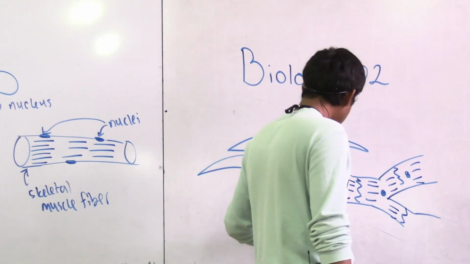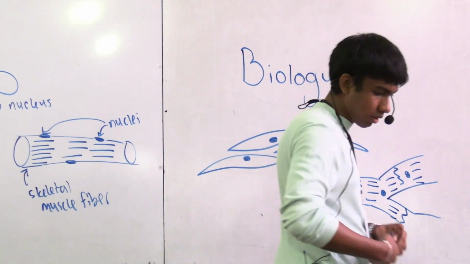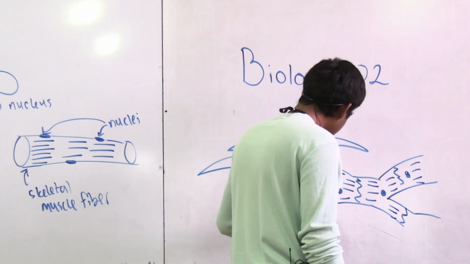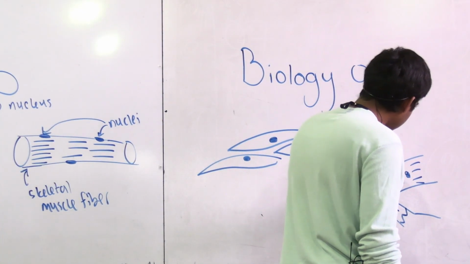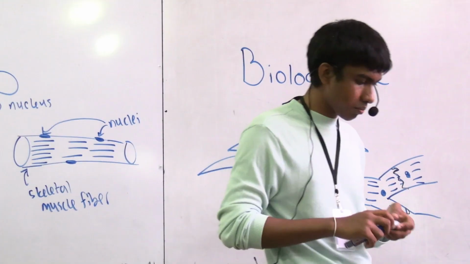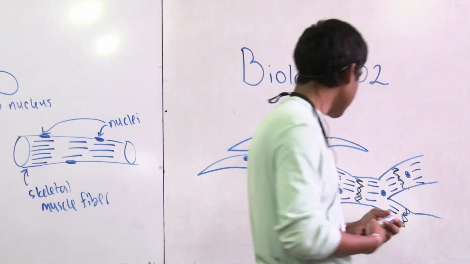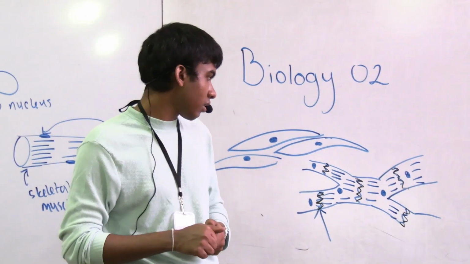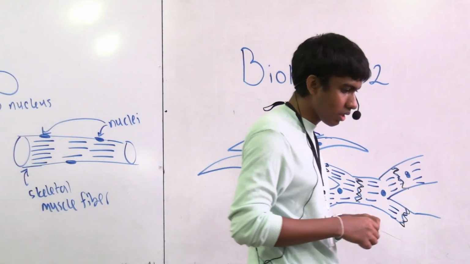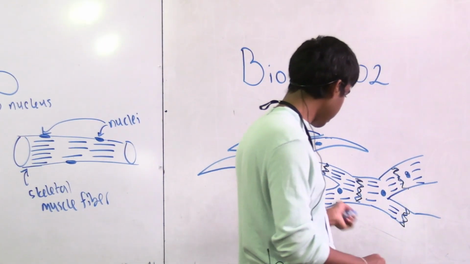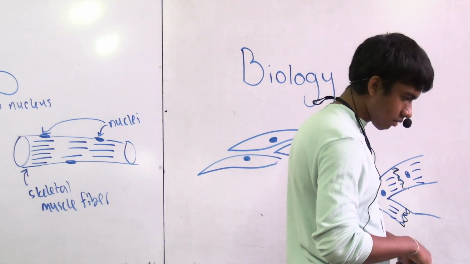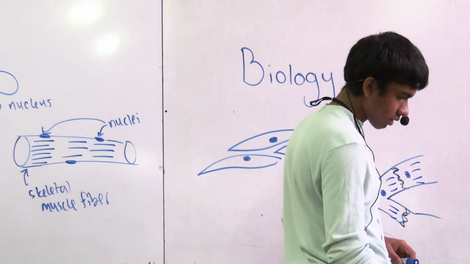You can see this line, the boundary that separates the cells. We call them intercalated discs. The function of that you will also learn. Basically, that's important to synchronize the heartbeat, because cardiac muscle cells are only found in the heart. These intercalated discs help to synchronize the heartbeat and to transfer signals between cells. So the answer for that is number 3: smooth muscle cells, skeletal muscle cell and cardiac muscle tissue.